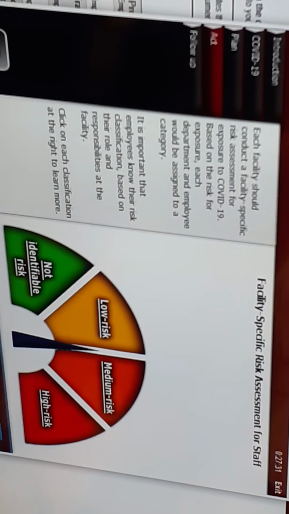Each facility should conduct a facility-specific risk assessment for exposure to COVID-19. Based on the risk for exposure, each department and employee would be assigned to a category. It is important that employees know their risk classification based on their role and responsibilities at the facility. Click on each classification at the right to learn more.